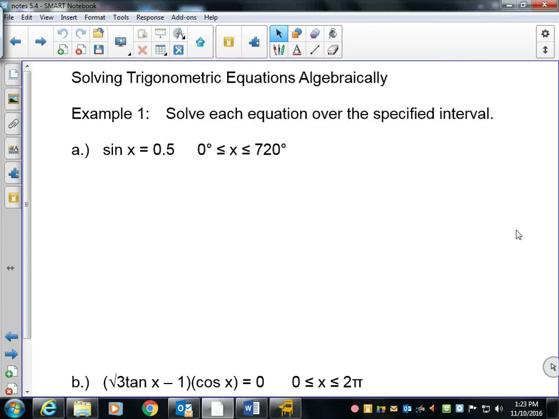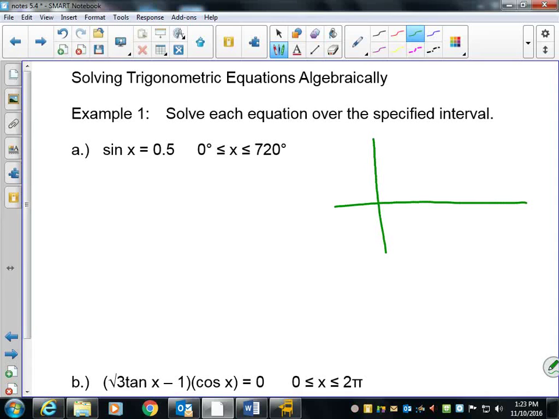Okay, so basically, you have to be able to solve for multiple solutions because remember that sine really goes like this, right? So where is sine 0.5? Right here, right here, right here, right here, right?